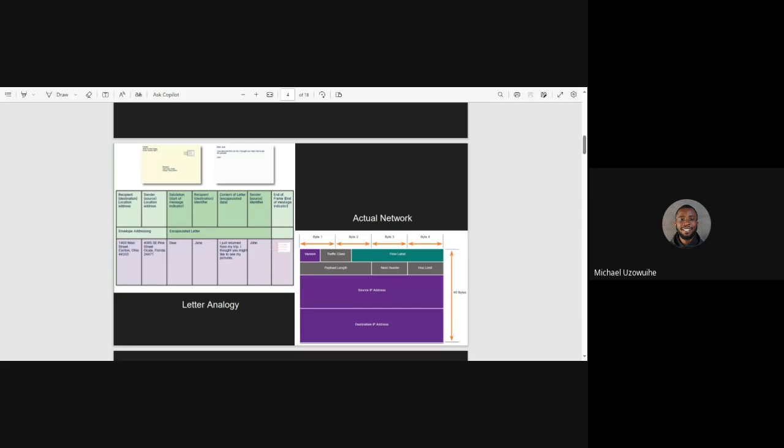Though you are not a network person, I'm just trying to show you what it looks like. The same way these letter things are grouped so that it gets to the actual person, we can see the content of the letter, the sender, everything. It is the same way that an actual message is organized, and it is protocols that make these things able to work this way. That's the analogy I wanted to draw from these scenarios.